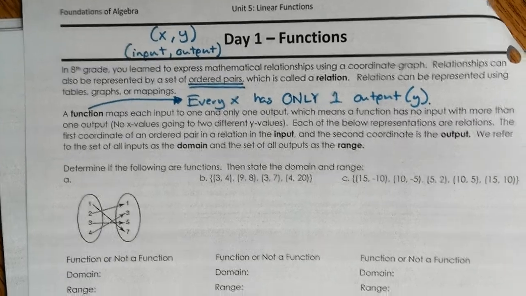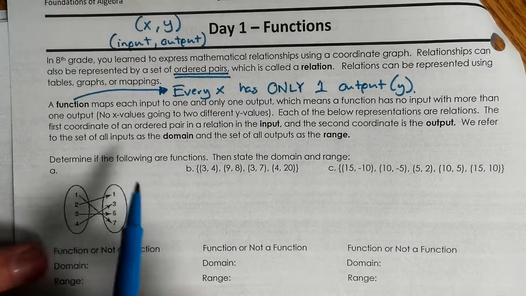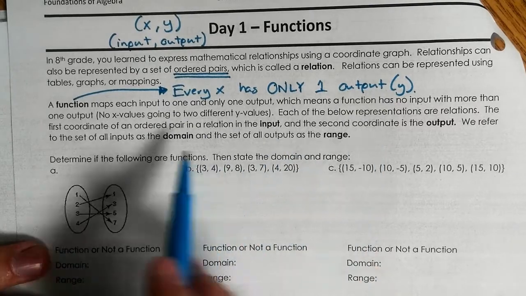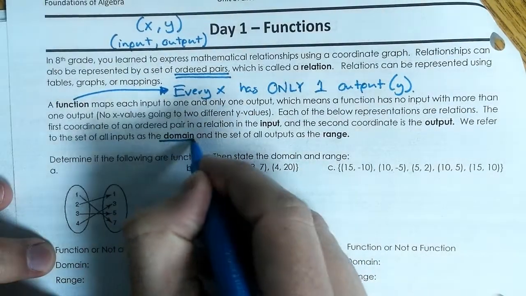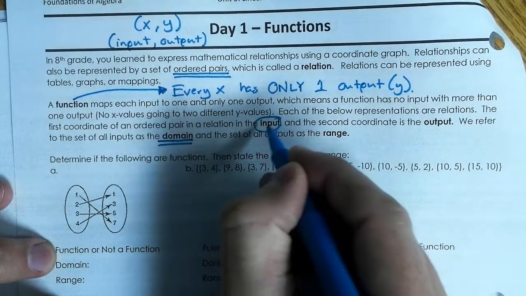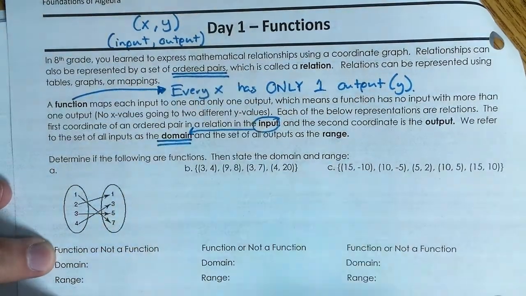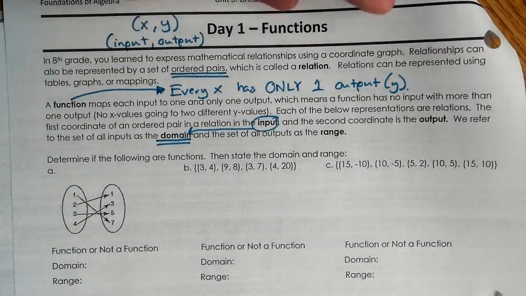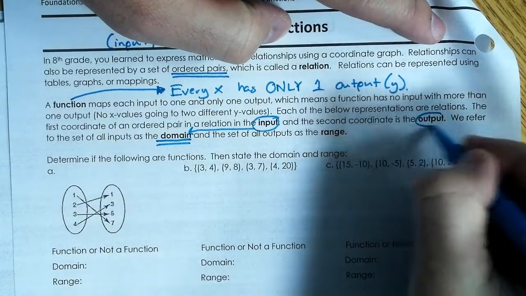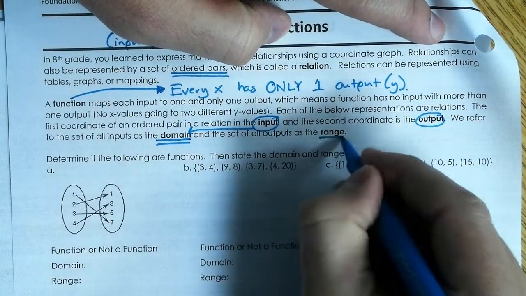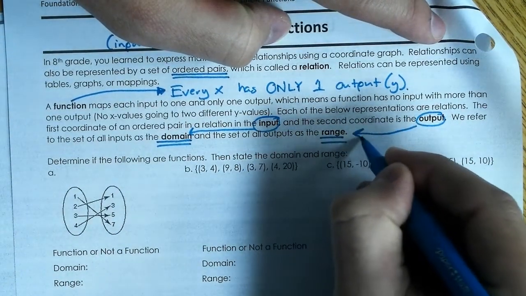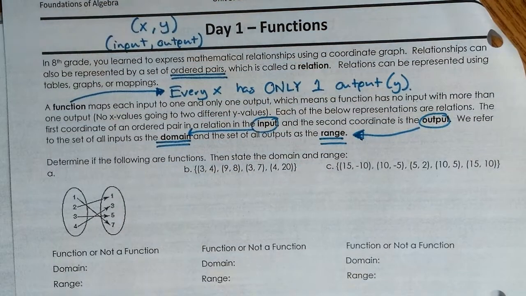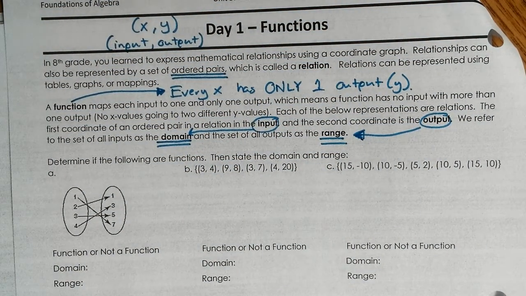All right? And all of the inputs, what this says over here, all of the inputs are considered to be your domain. So inputs are your domain, and outputs are your range. Output is your range. What letter is input? Input deals with what?